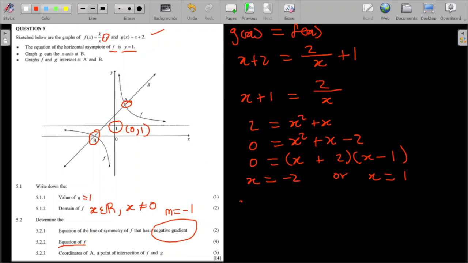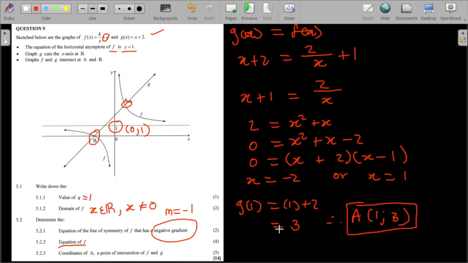So g of 1 is equal to 1 plus 2, which is going to give me what? Going to give me a 3. So now therefore the point A is going to be (1, 3). So now this is the point A where g and f, both of them, intersect. Now this is 3.